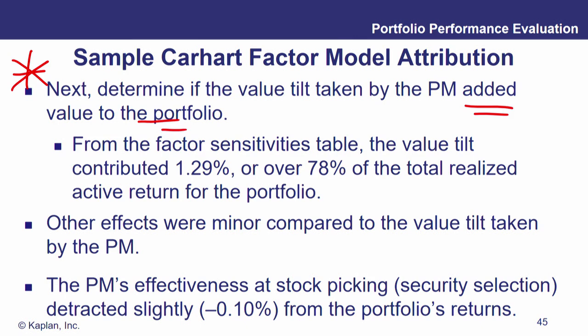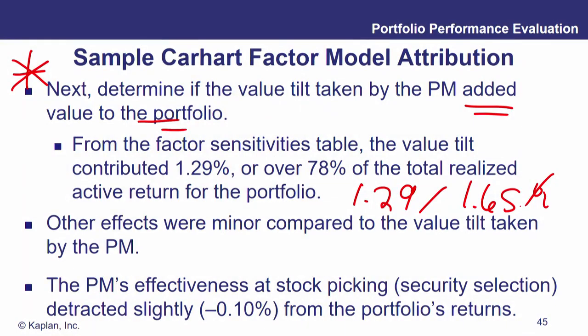So this is where we look at the contribution to active return. And remember where I showed you when we were going through it, the value tilt was 1.29% of the total 1.65% active return. So that's over 78% of the realized active return that came from that decision to tilt towards value.